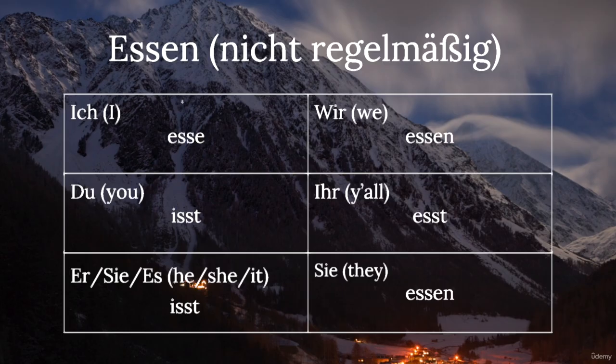Sie essen. You have probably noticed that the third form of the verb essen is the exact same as in sein. He is. Ist. But you have to keep in mind that he is written with one S. But the pronunciation is exactly the same.